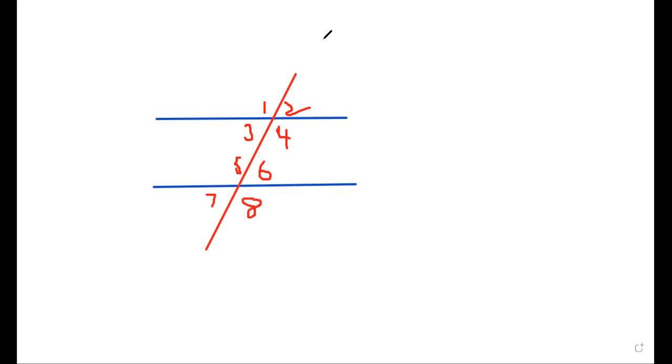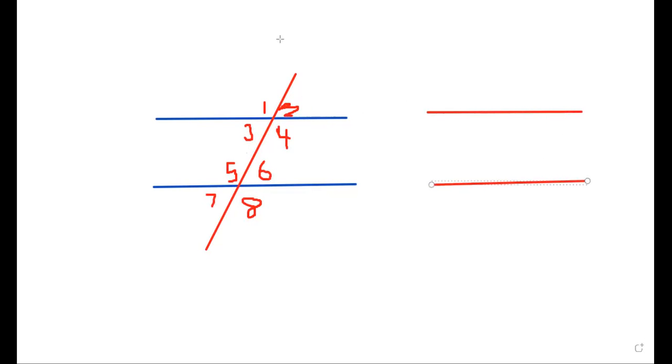And we have many relations between angles in this figure in front of us. So I said that this is angle 2, and this is angle 3, 4, 5. So we have alternate interior and we have alternate exterior.